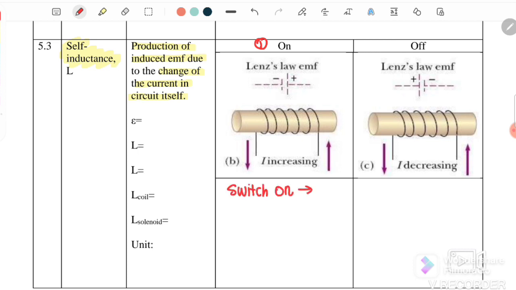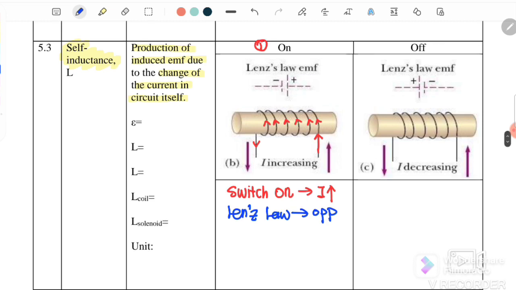So when we switch on the power supply, I is increasing. Initially there is no current. After that, when we turn on the power supply, the current will flow in the coil, or in the solenoid. If you follow Lenz's law, it will try to oppose the changes. So when the current is increasing, it will try to reduce the current.